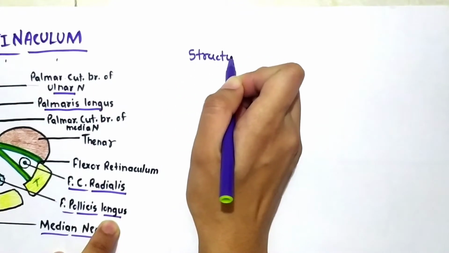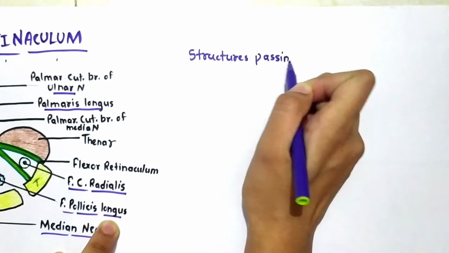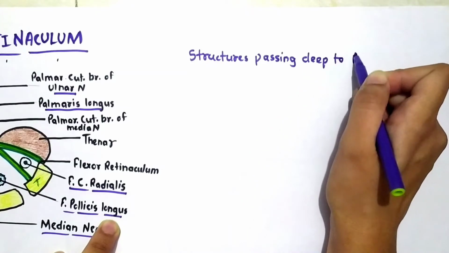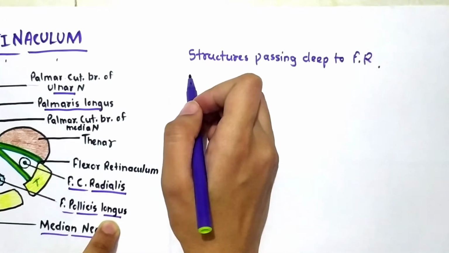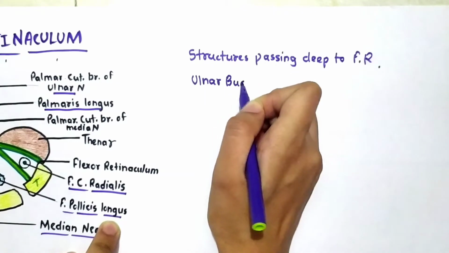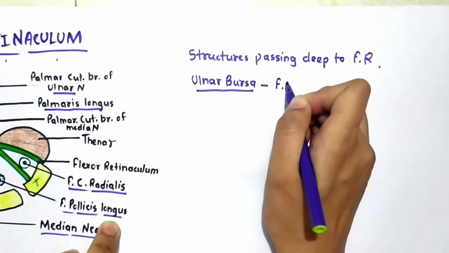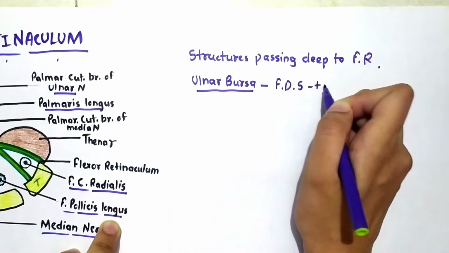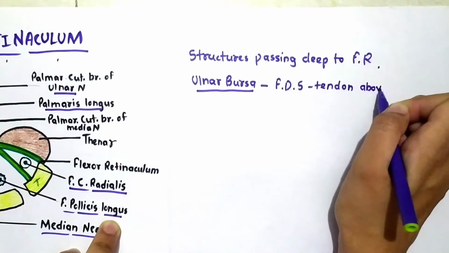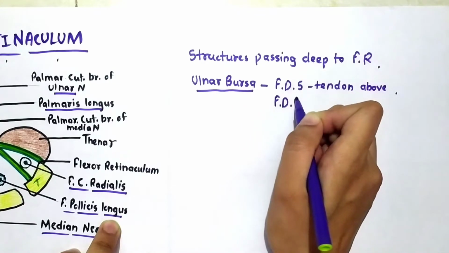Structures passing deep to the flexor retinaculum are, in the ulnar bursa, the flexor digitorum superficialis tendon above and the flexor digitorum profundus.